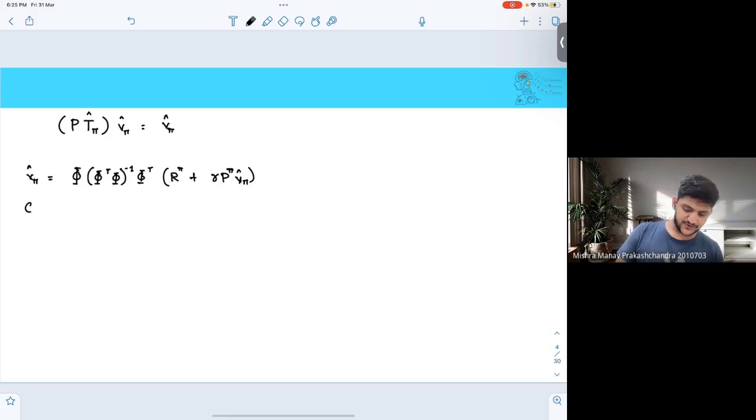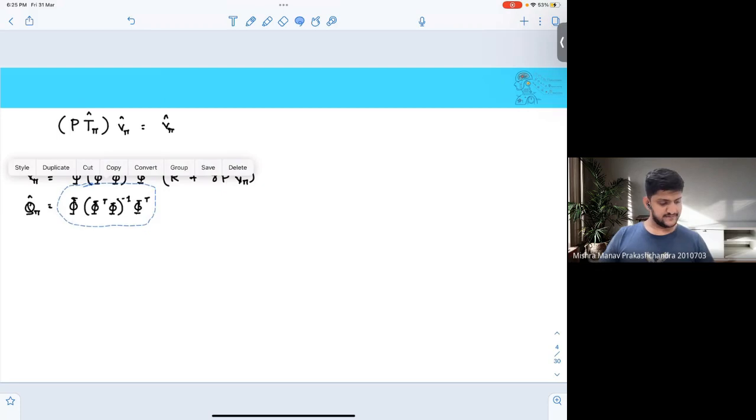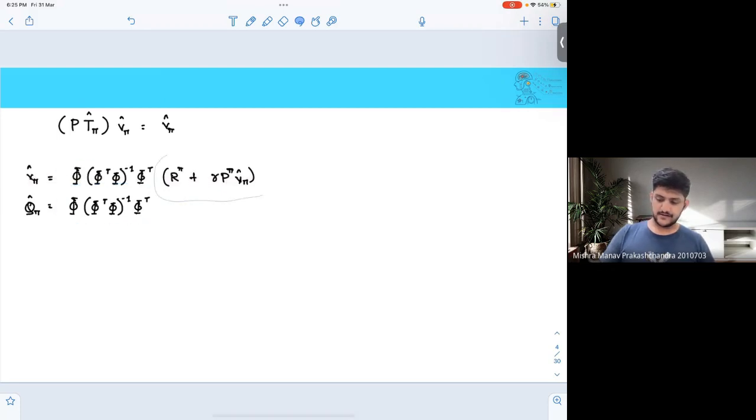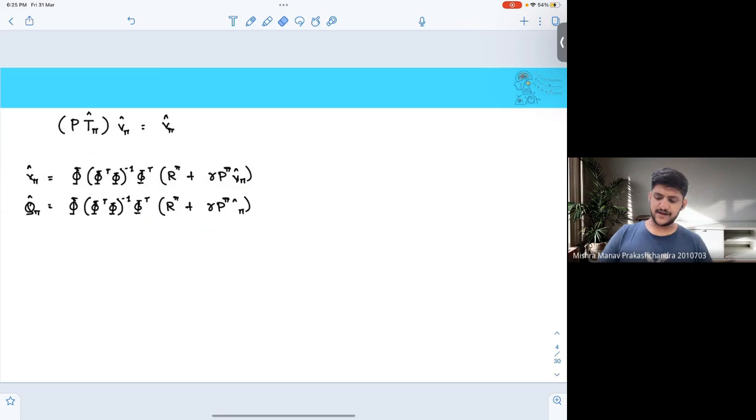Similarly for my Q function, we get this quantity, copy, paste. The only difference is that instead of v pi, I put my q pi. So this is how my two equations look for LSTD.